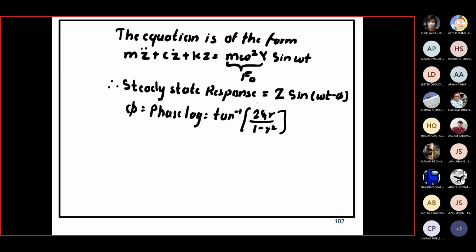So we have constructed this equation in terms of relative amplitude, that is z. Z is the relative amplitude. Now let's compare the equations which we have got for support excitation with the rotational imbalance.